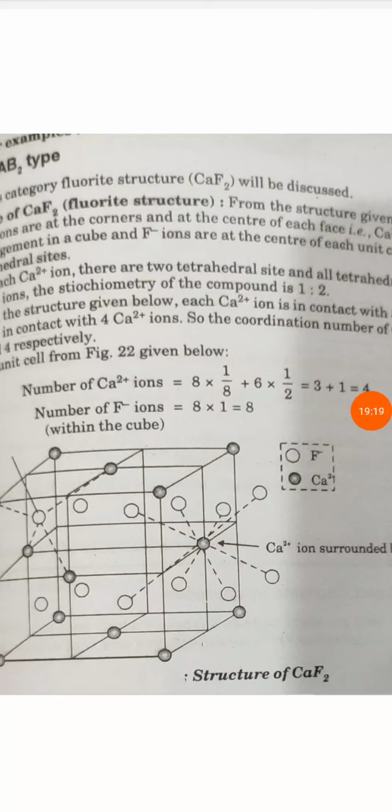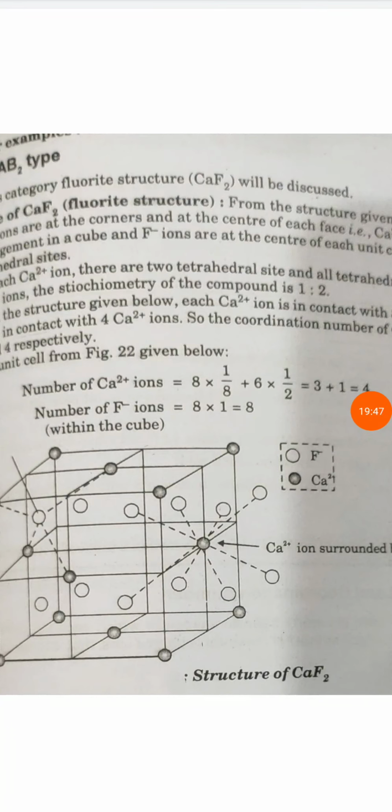When the size of the anion is smaller and the size of the cation is larger, then the coordination number increases.